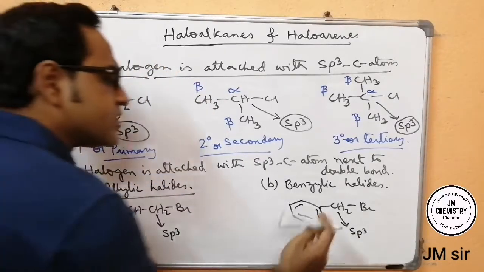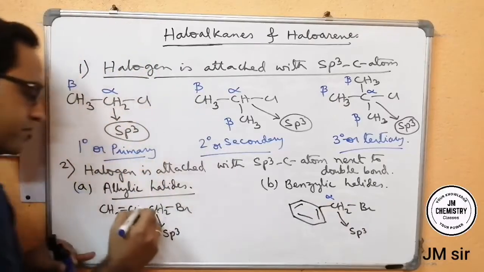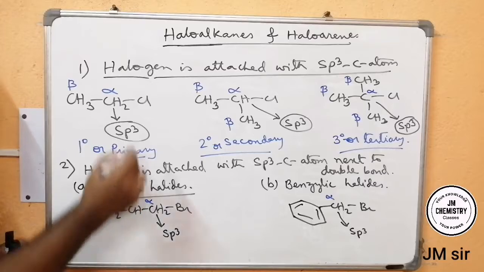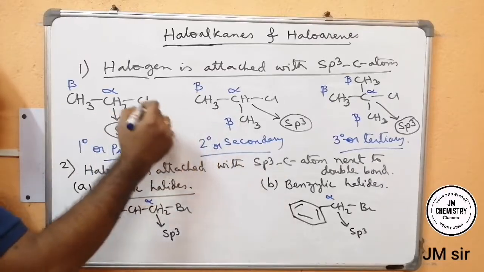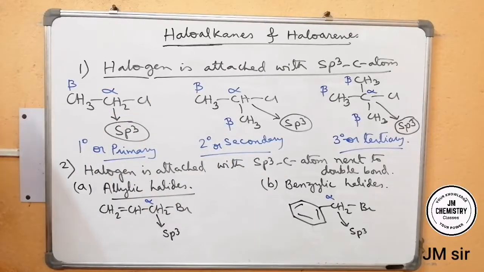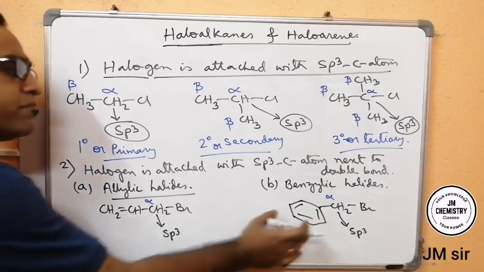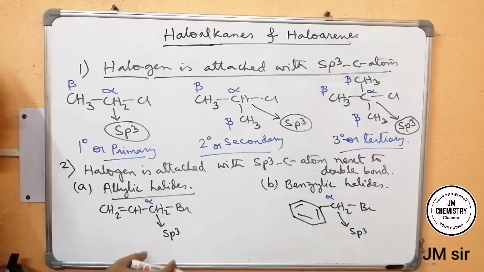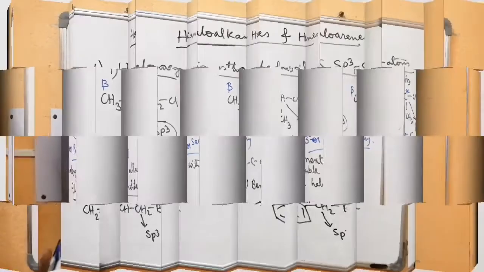The alpha carbon is sp3 hybridized. Here all these compounds we call alkyl halides, and this one allylic halides, benzylic halide. Now the allylic halide can be 2 degree, 3 degree. The benzylic halide can also be 2 degree or 3 degree. Next we will move on to the third classification.